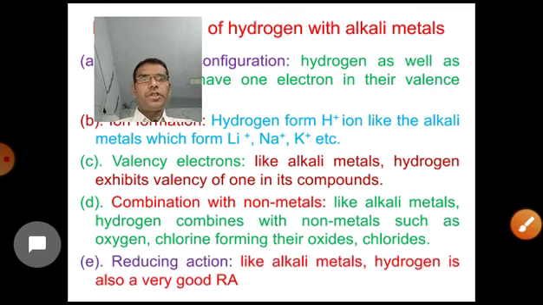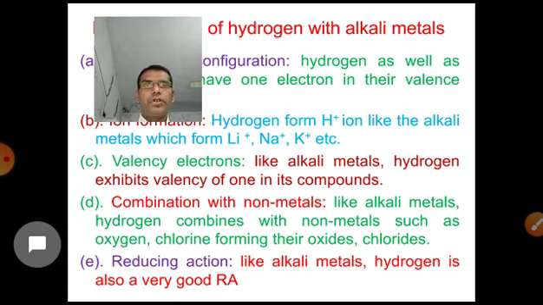Now the reducing action: like alkali metals, hydrogen is a very good reducing agent, and it has the ability to donate electrons to other elements or compounds and reduce them.